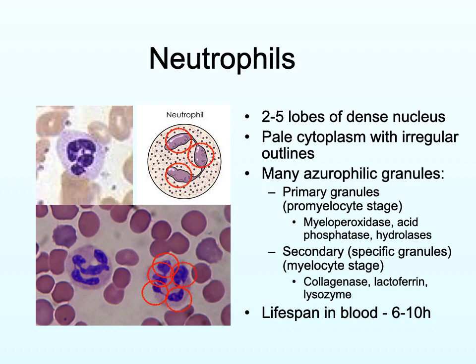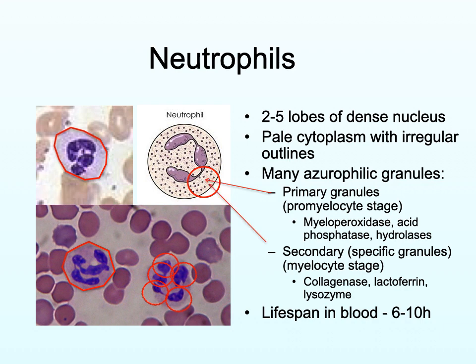The cytoplasm of neutrophils is pale with irregular outlines, meaning it is not too round and not smooth. There are many azurophilic granules, which are the primary and secondary granules.